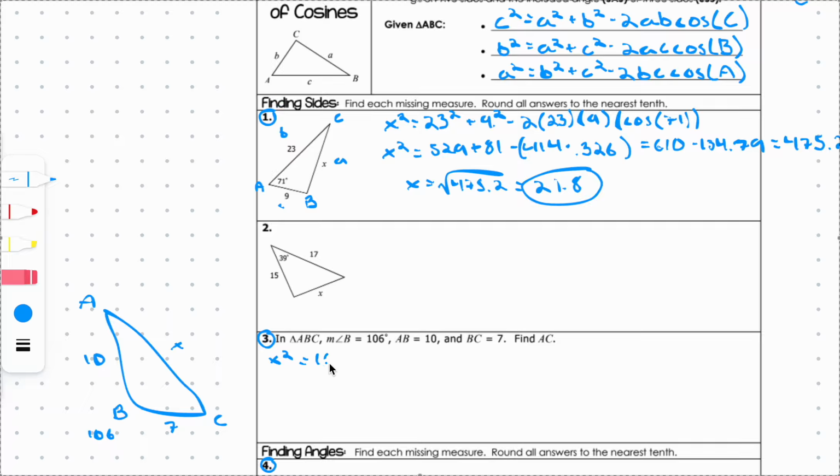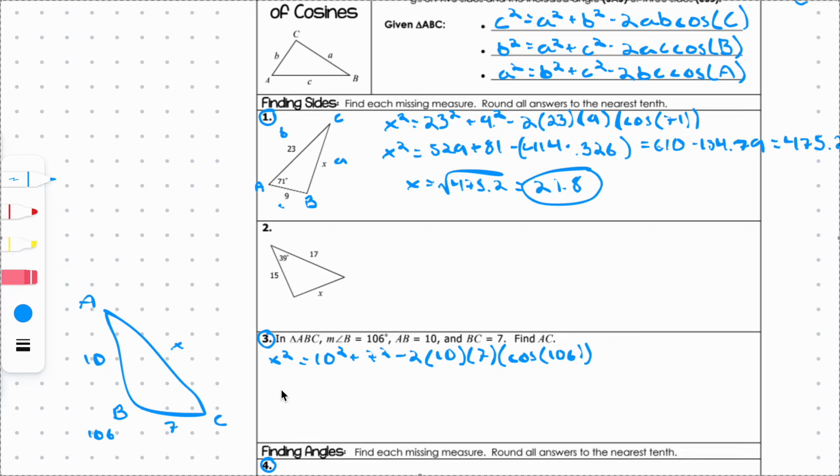So 10 squared plus 7 squared. And then we're subtracting 2 times those two sides multiplied by one another. So 2 times 10 times 7 times cosine of that angle opposite to the side we're trying to find. So cosine of 106.